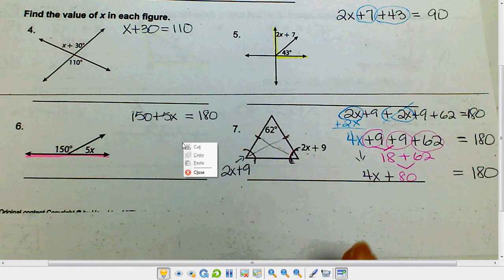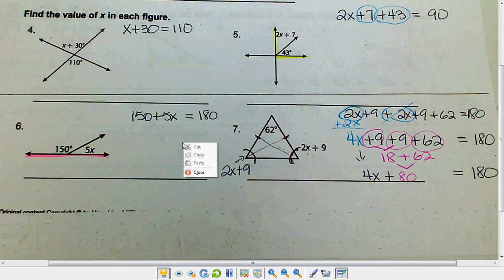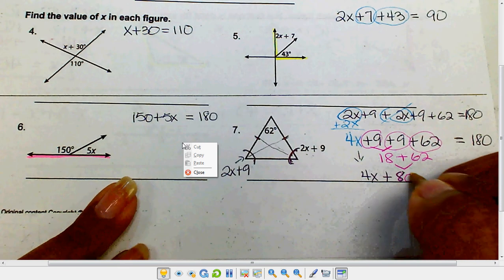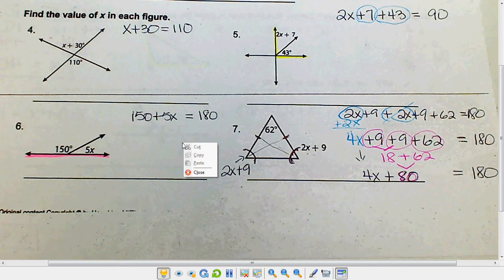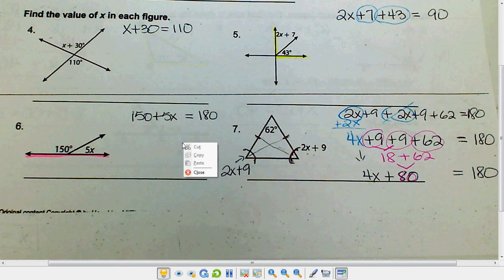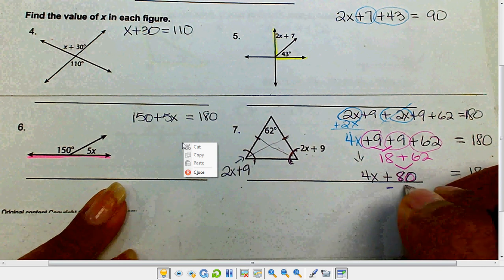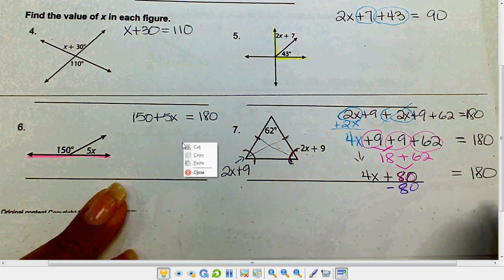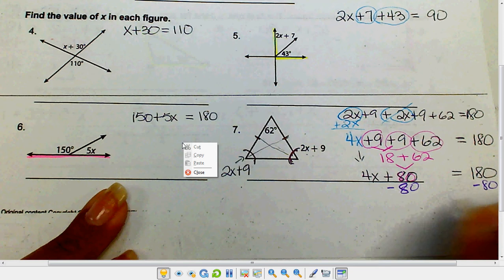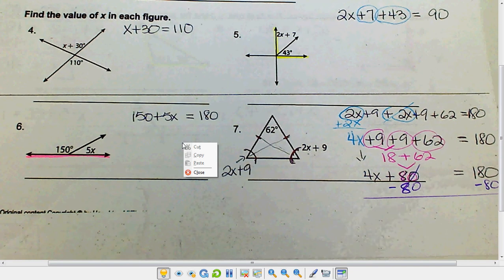Remember, I still need to get x by itself. So I need this number that's by itself to be gone. So the next thing that I'm going to do is I'm going to remove, I should have put that in black. I'm going to remove this 80 from my left side. So I'm going to do its inverse operation, which is subtract. Remember, whatever I do to one side, I do the same thing to the opposite side.